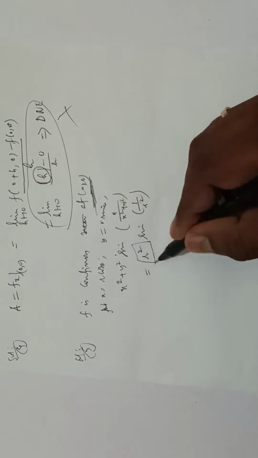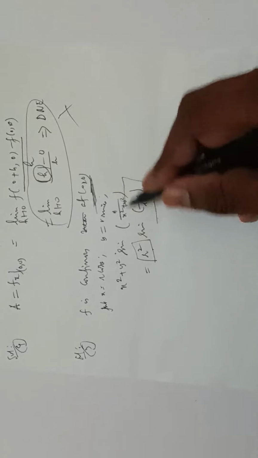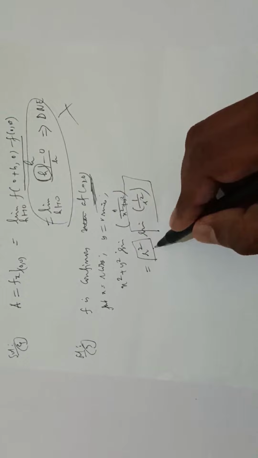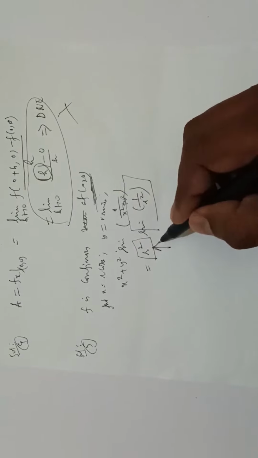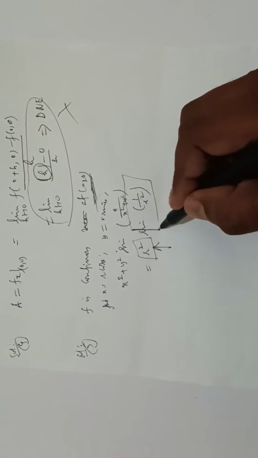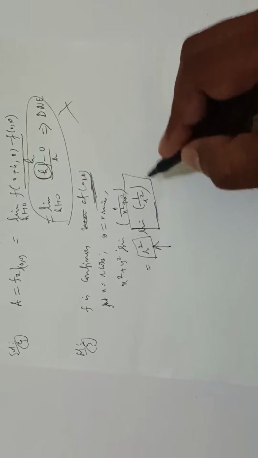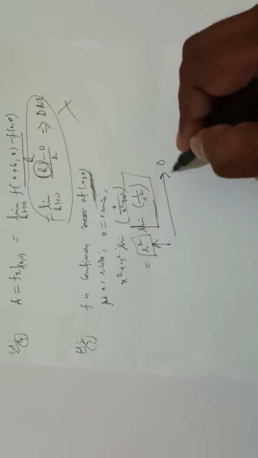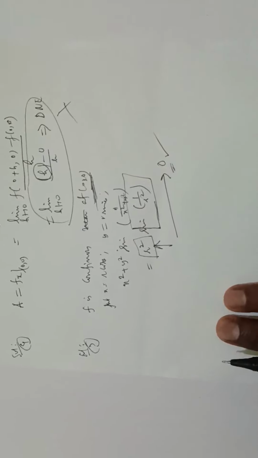See this function, as r tends to 0, this is 0 and this is bounded. So we have the result: if you have one term which is going to 0, approaching 0, and the other is bounded, this will tend to 0. So the function is continuous near 0.